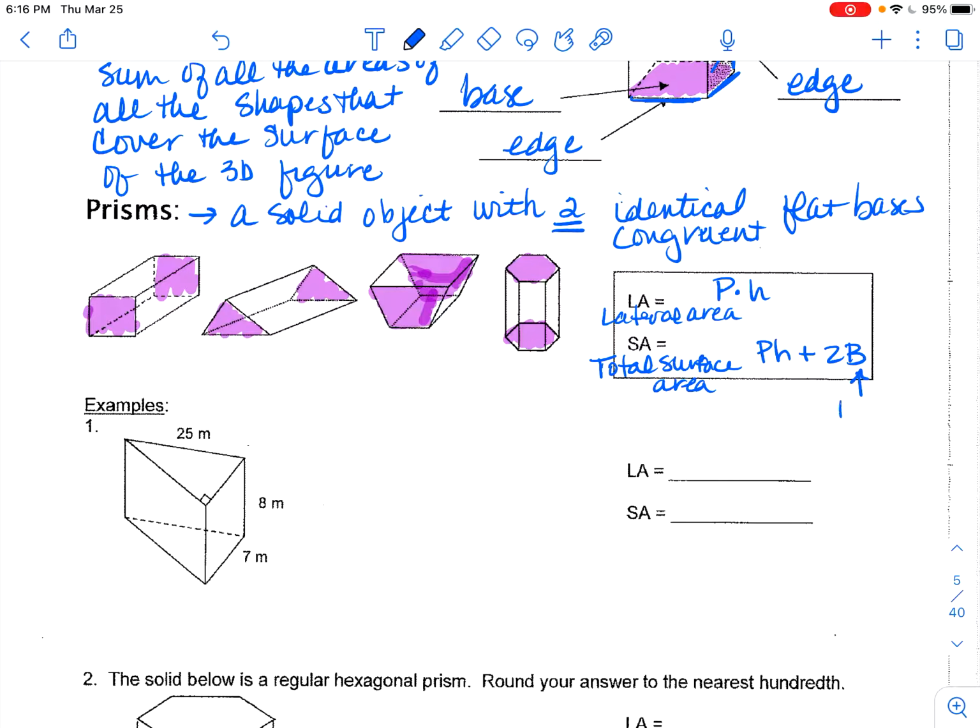So this is the area of the base, and since it's a prism, it's got two of them. That's why you multiply by two. P is the perimeter, and H is the height.